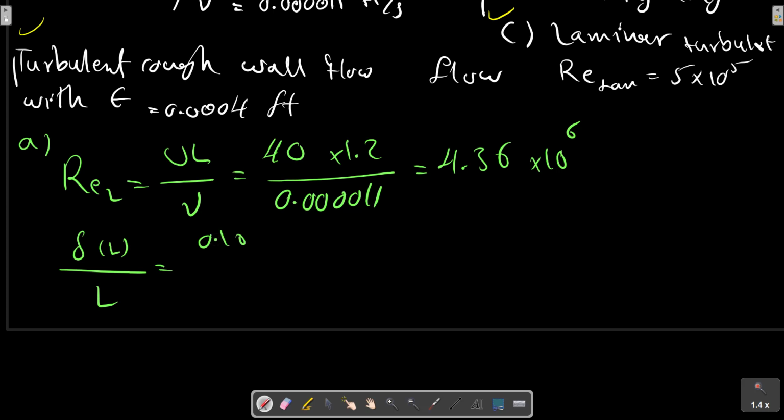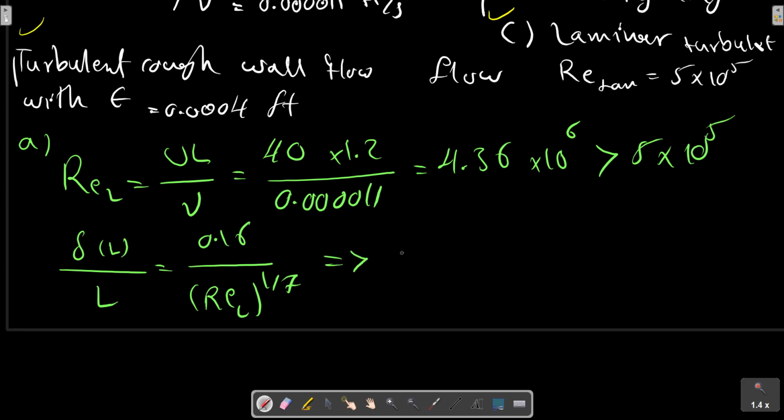For the hydrofoil and turbulent flow we have the relation for this. This is greater than the transition Reynolds, as this is turbulent. So now we can calculate the thickness at the end of the edge, which is equal to the multiplication of these.